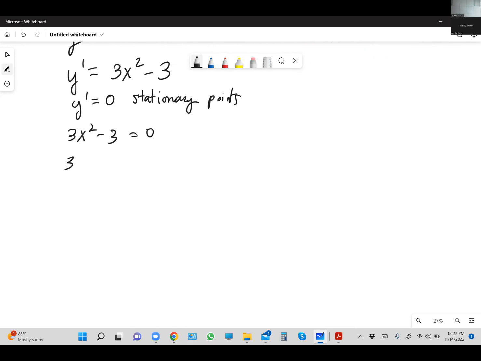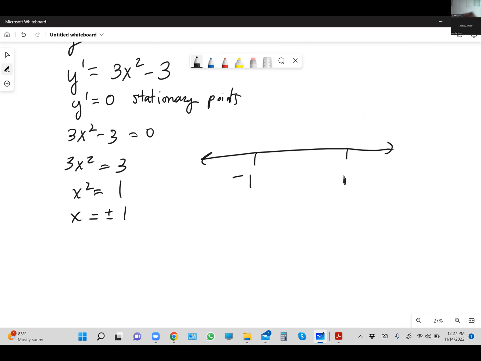That's pretty straightforward. It's 3x squared equals 3. Divide by 3, that's 1. And so x equals plus or minus 1 because you square root. So now you have two potential answers for your stationary points: -1 and +1.